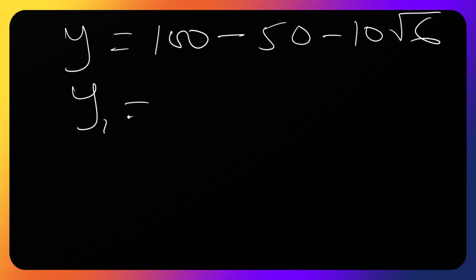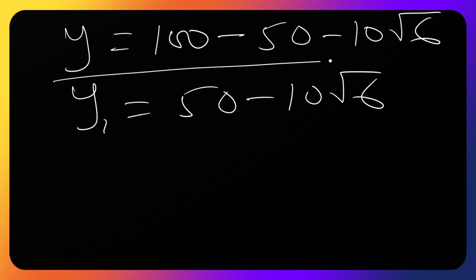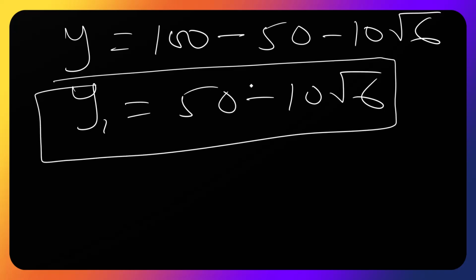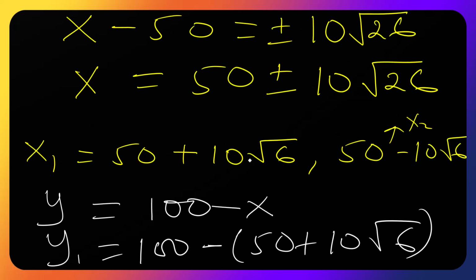So my y1 will be 50 minus 10 root 26. I think the answers are symmetrical in the sense that when x is positive, y will be negative. Now let's observe the second one, 50 minus 10 root 26.